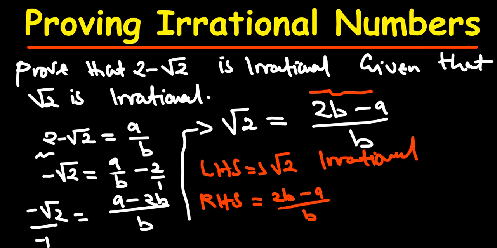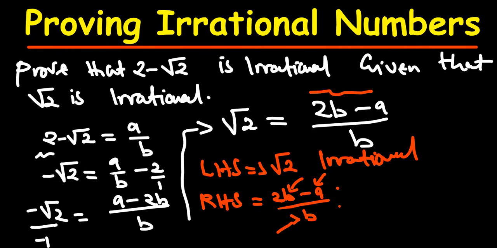So this 2b minus a over b is a rational number. Why? Because in our assumption, remember we said this a and this b are just integers. So when you subtract two integers, you're going to get an integer, and when you divide by an integer, you have an integer over an integer, that is a rational number.